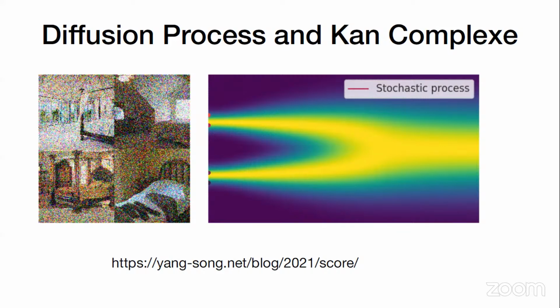Remember from yesterday's lecture that any probabilistic process like this is a coalgebra. So essentially, I started with a collection of nice clean images. I started adding Gaussian noise, right? Every step, I add a little bit more noise. This is a stochastic process, right? Now, the whole idea of how these stable diffusion methods work is that there's a final coalgebra.